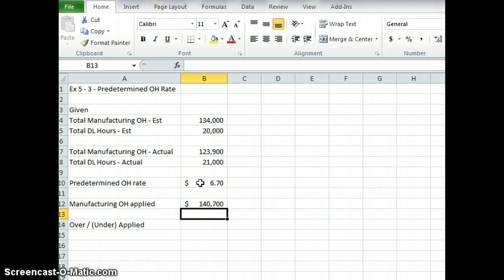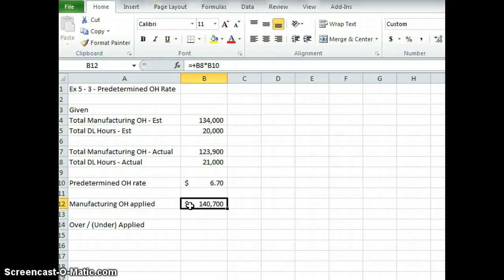And again, what is that number? The calculation comes out to $140,700. But what does that number mean? It means that in our financial statements, since we charged 21,000 hours and we charged those 21,000 hours at a rate of $6.70 an hour, we have overcharged to our cost of goods sold how much our overhead should be.